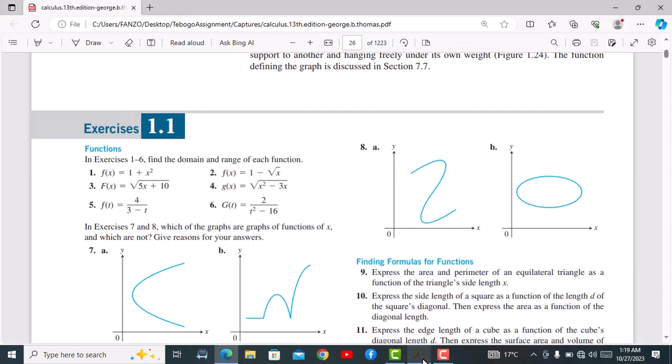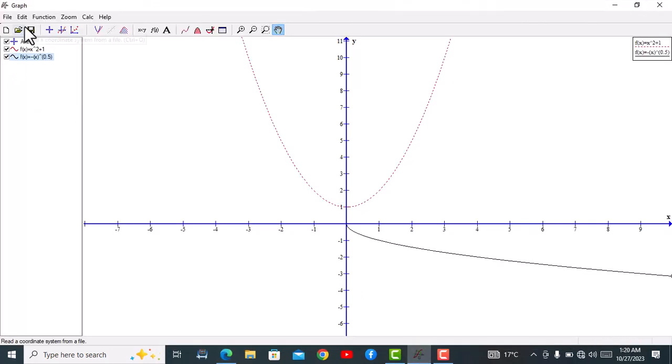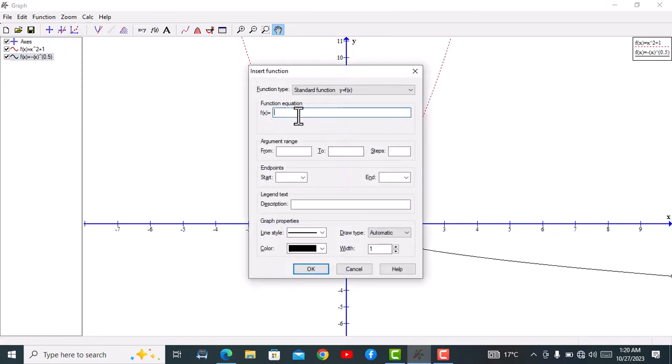We want to add a plus 1. A plus 1. And I want to show you the differences that we might have there. So now we want to say 1 minus x to the exponent of 0.5.